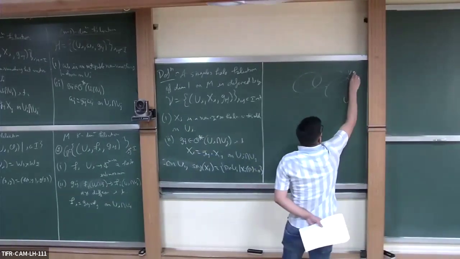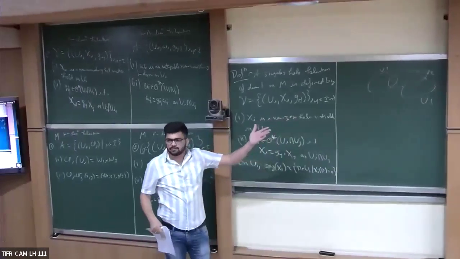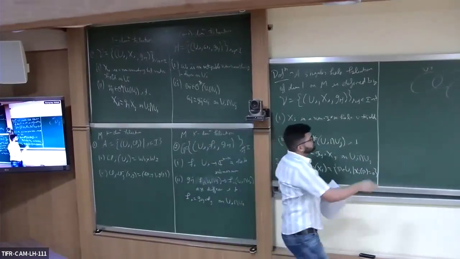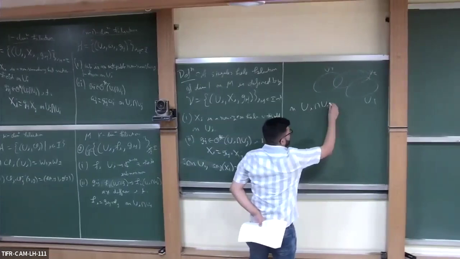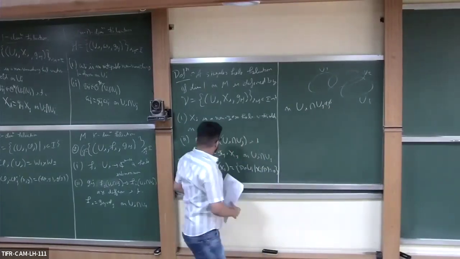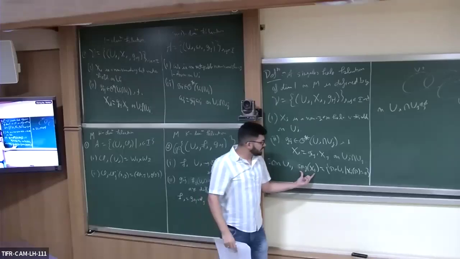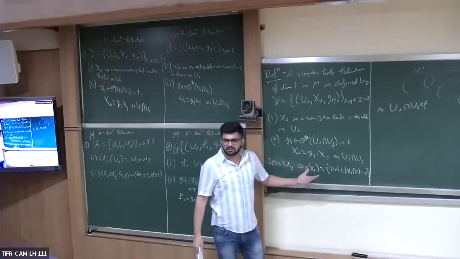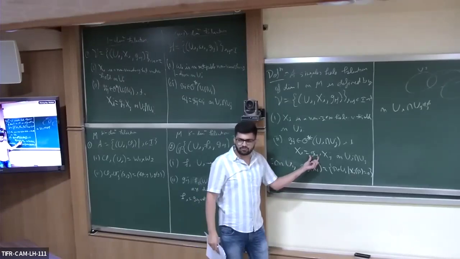Now on the intersection Ui with Uj, if it is non-empty, this condition says that these two objects coincide, because this is a non-vanishing holomorphic function.